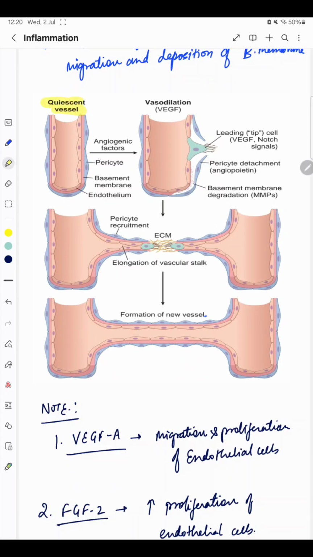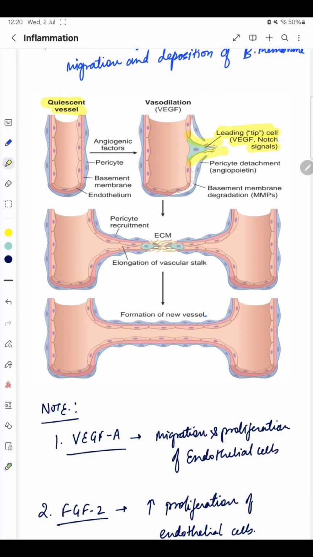So for angiogenesis, there are some mediators like nitric oxide and VEGF. They result in increased vascular permeability or vasodilation. After the vasodilation, there will be a sprout formation, a new blood vessel. This we can see.